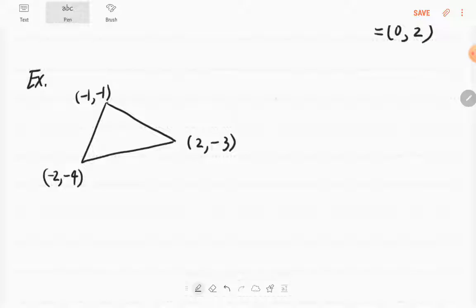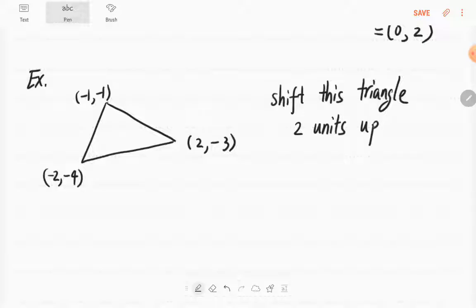We want to shift this triangle two units up and 3 units to the right.